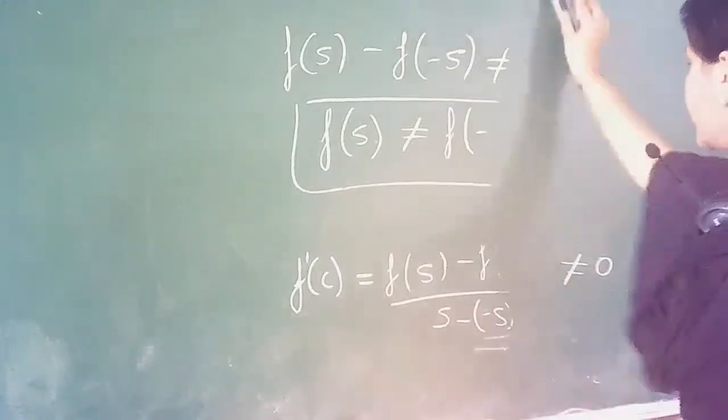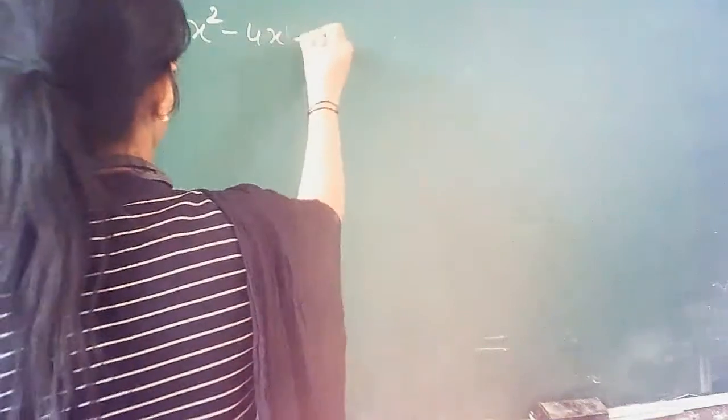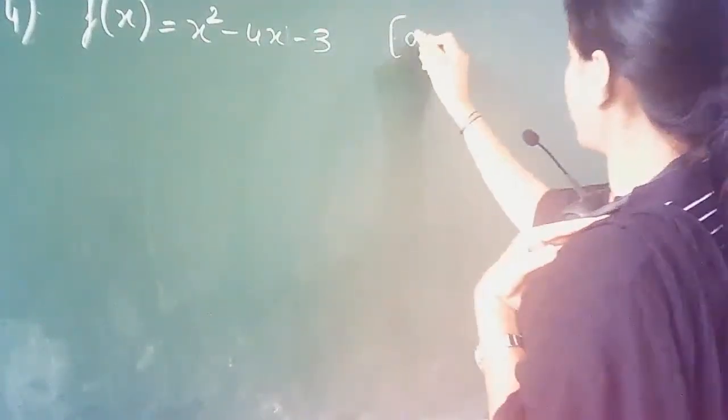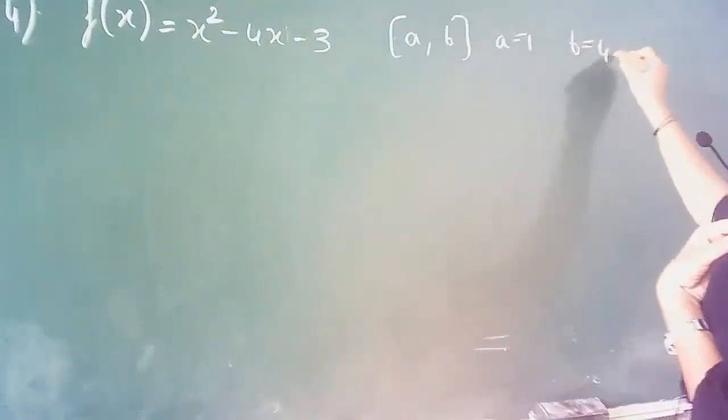Now let us go for the fourth question. The fourth question here is, verify mean value theorem if f of x is equal to x square minus 4x minus 3 in the interval a comma b, where a is equal to 1 and b is equal to 4.